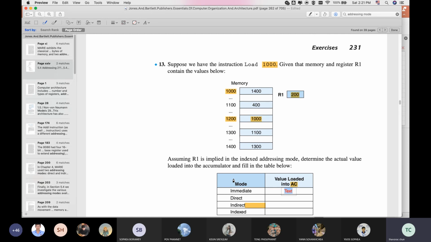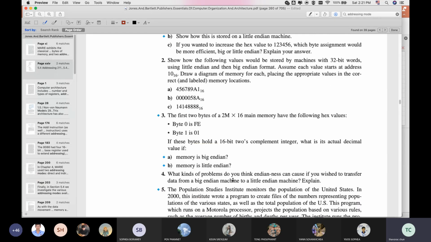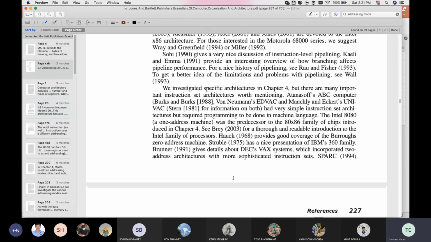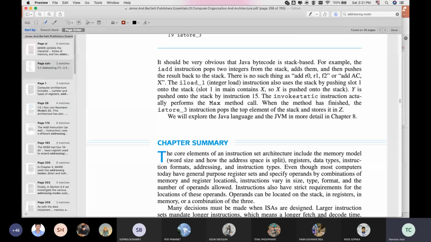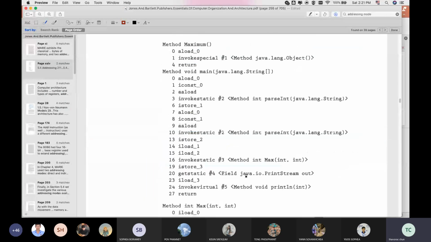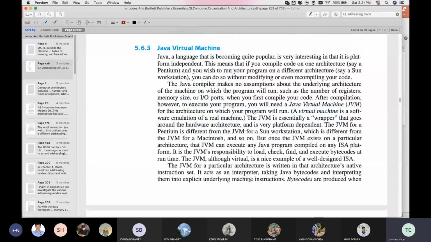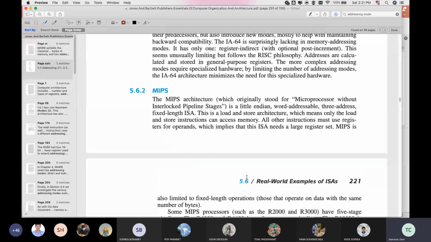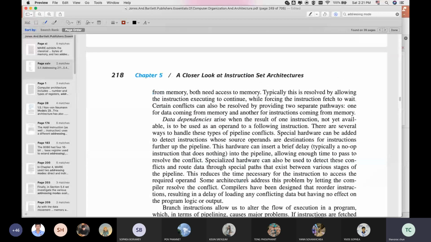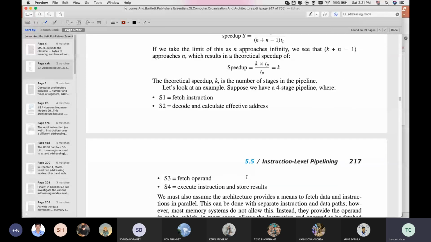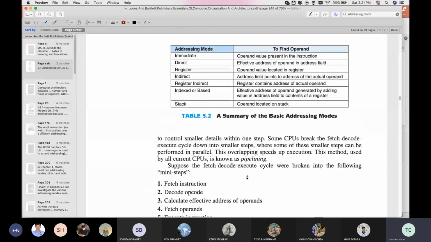If you don't know the answer, you can look through what we saw a moment ago. Remember page 212. You can see in that page, it gives you some idea.